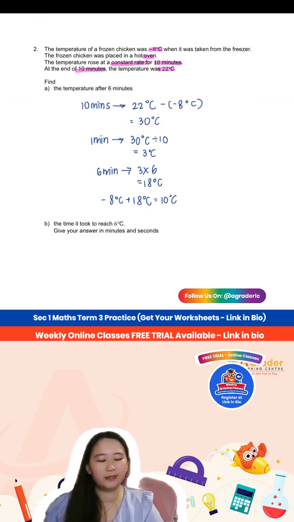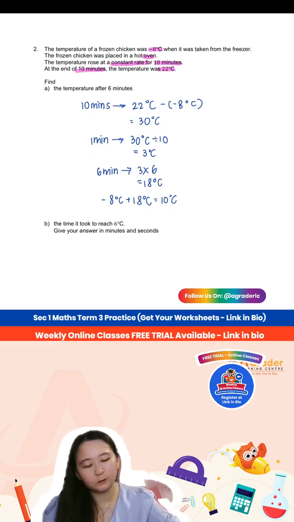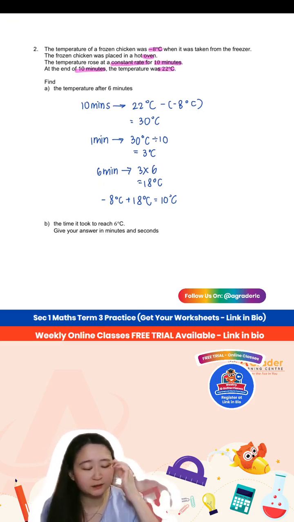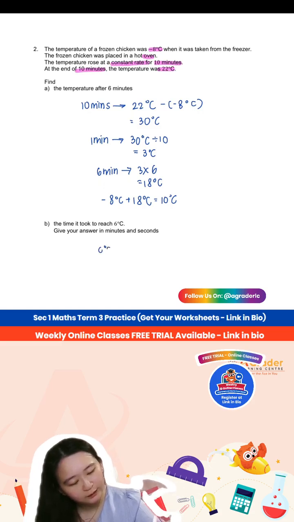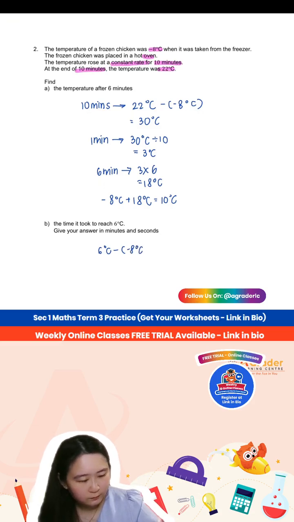So find the time that it took to reach 6 degrees Celsius. So the difference from negative 8 degrees Celsius to 6 degrees Celsius would be an increase of 14 degrees Celsius.